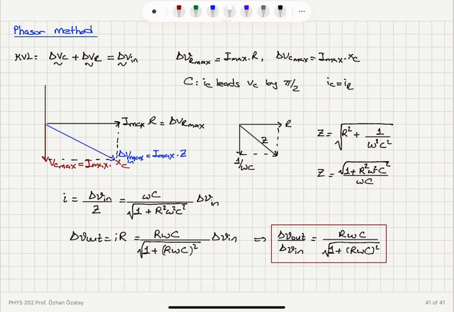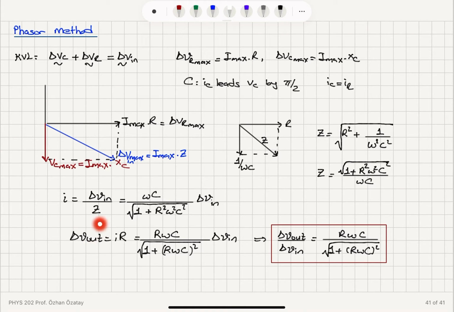So 1 over omega C, R and Z form this phasor diagram, and we can see that Z is square root of R square plus 1 over omega square C square. And the current is delta V in divided by the impedance. So delta V in divided by square root of 1 plus R square omega square C square divided by omega C goes upstairs.